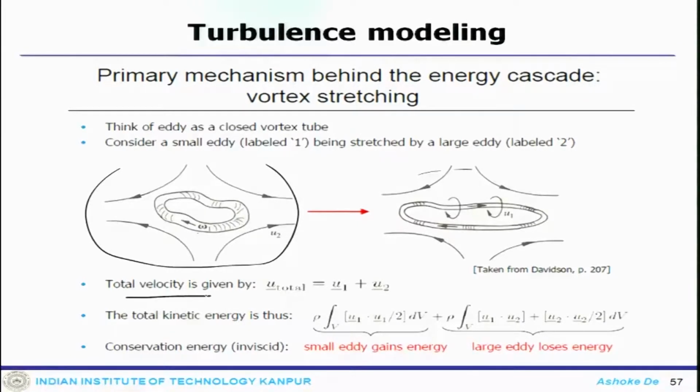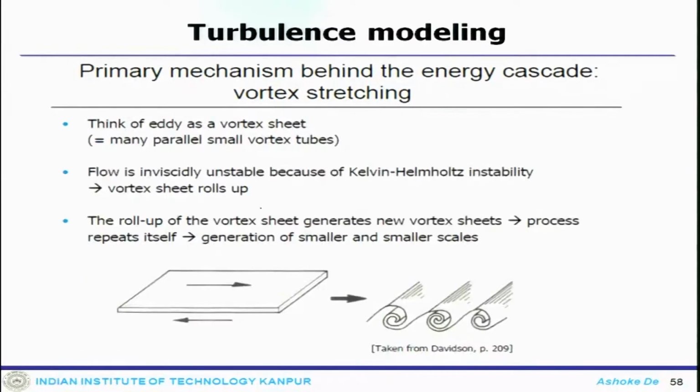The total velocity is u1 plus u2, and the kinetic energy is estimated as half rho (u1 square plus u2 square). So the energy conversion is that the small eddies gain energy and the large one loses energy. It is essentially the vortex stretching mechanism: from this to this, the energy cascades. The smaller one gains the energy and the larger one loses the energy.